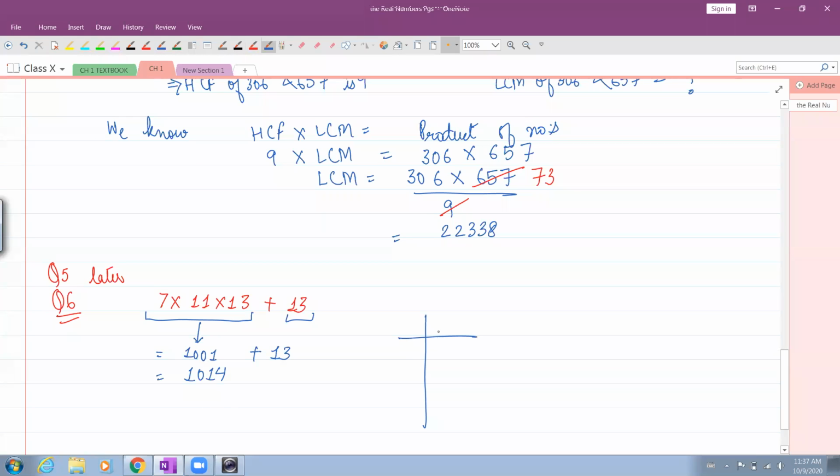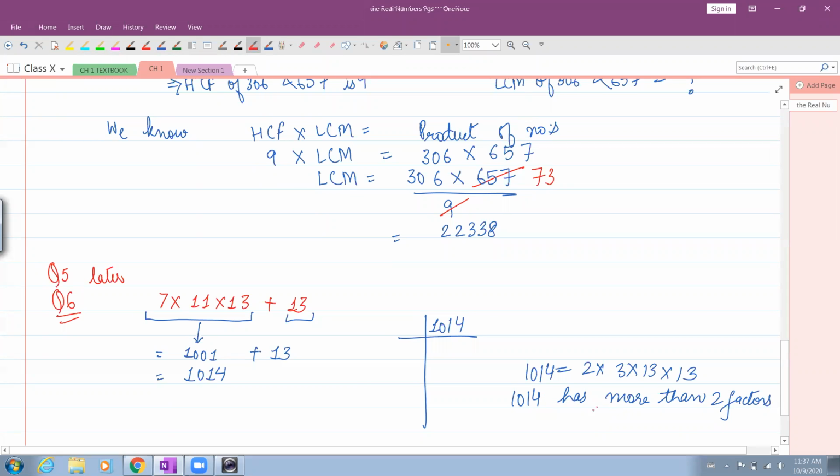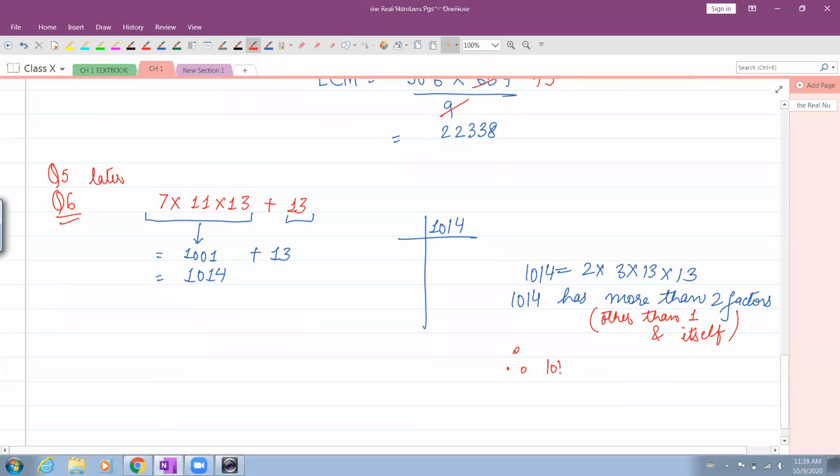And if you prime factorize 1014, this is what you get. This is one way of doing it.